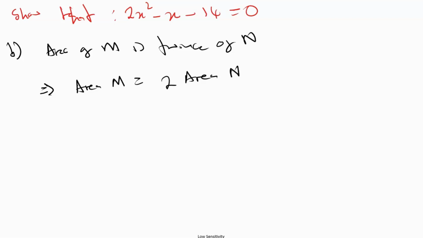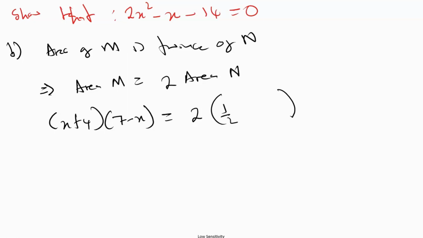We already expressed the area of M and the area of N. So just as a reminder, the area of M is equal to x plus 4 times 7 minus x, which is going to be equal to twice the area of N, which is 2 times half base times height, 3x plus 1.